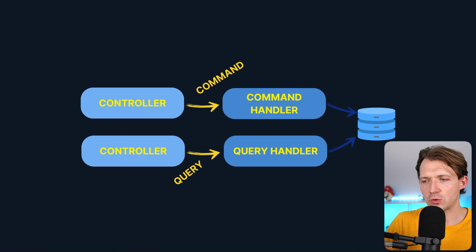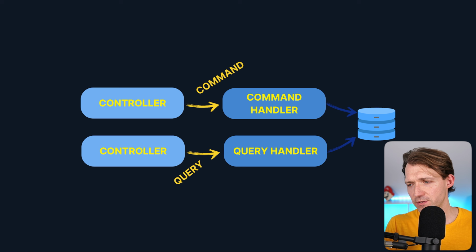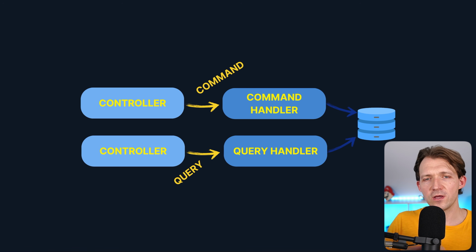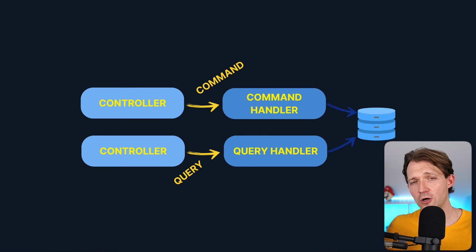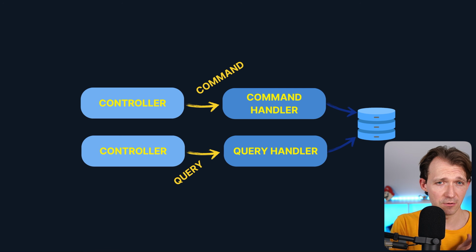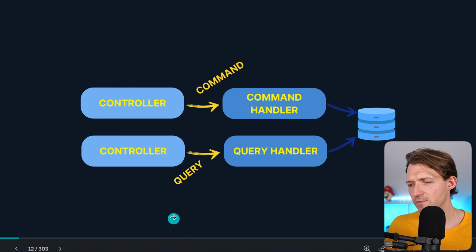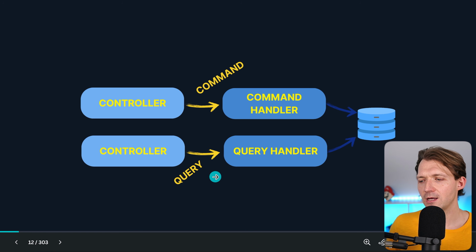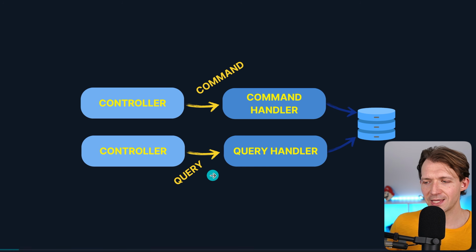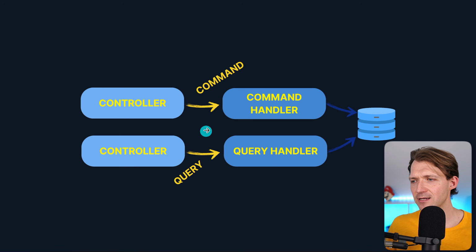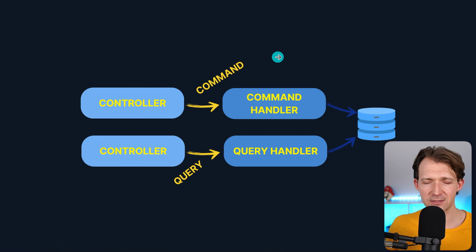With every controller, as you've also seen with the service approach, we have requests, and the requests now with CQRS, which stands for command query responsibility segregation, are split into commands and queries. As you can see here, we've got a command and we've got a query, and the queries are all the get requests. So we cannot change something, we just get data, and the commands are everything else. Everything where we change the database, meaning creating, updating, and deleting something.